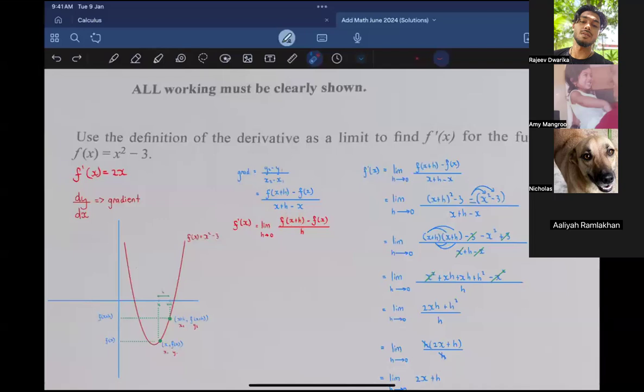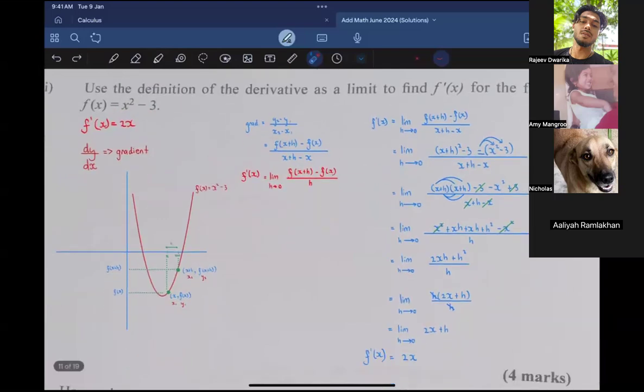So I have x plus h, so I'm going to write x plus h squared minus 3. That's what I write over here. And minus f of x. F of x is x squared minus 3. So that's it.